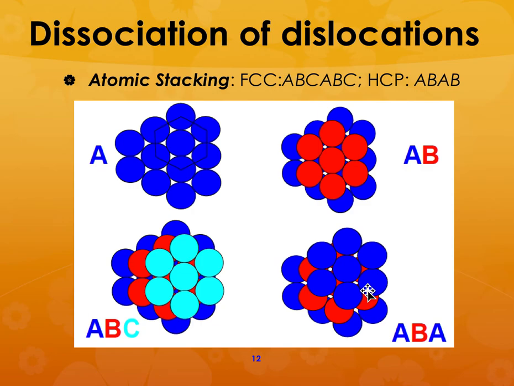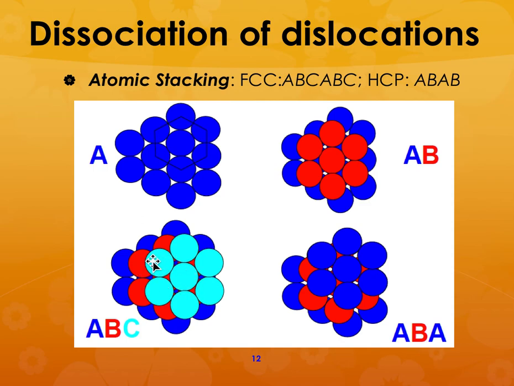Okay, and how does that happen? This is how it happens. You can think of these as atom positions. I don't know how much you remember this from your ENSE 3313. In FCC, the atom positions are called ABC ABC. This is one plane, and in the next plane the atoms are located on top of the holes in the bottom plane.